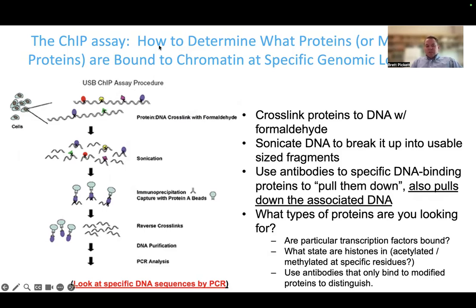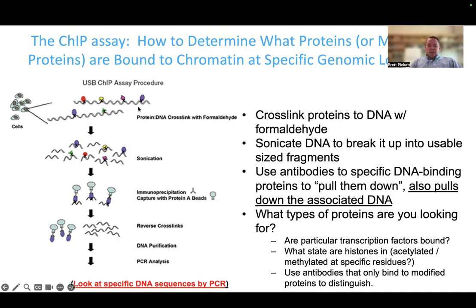The first thing we're going to do is, for the DNA and the proteins that are interacting with each other, add a chemical, generally formaldehyde, that will make it so all of the proteins that are already associated with the DNA are covalently bound to the DNA.